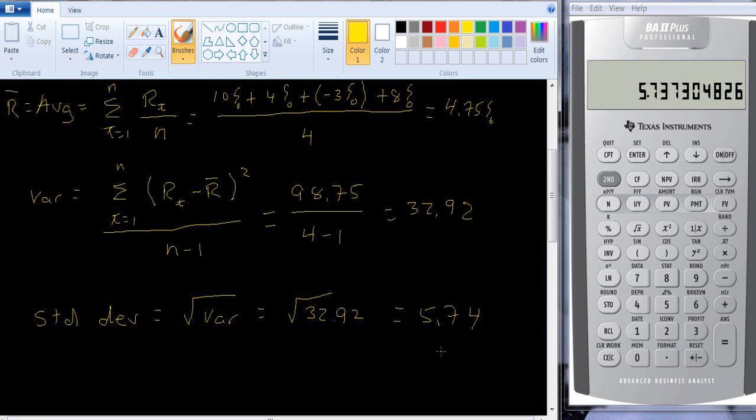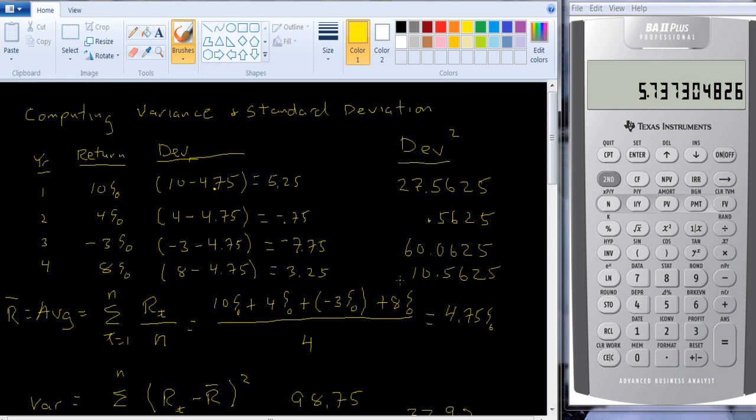How spread out are we? If we had a standard deviation of 0, that means there's no risk. If you go back to these observations, you would get a standard deviation of 0 if all of these numbers were the same. If it were 10, 10, 10, and 10, that means that there's no risk. There's no spread around the average. You're always going to get 10.